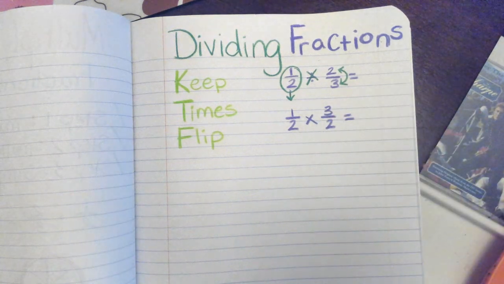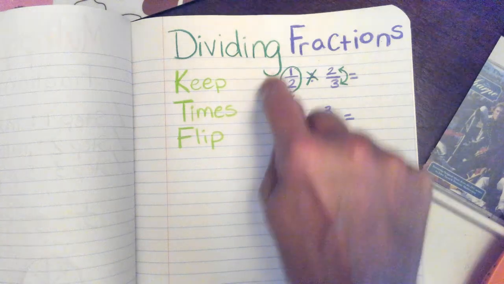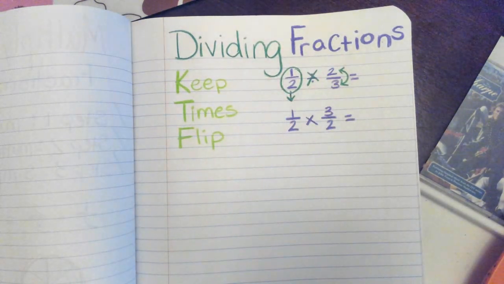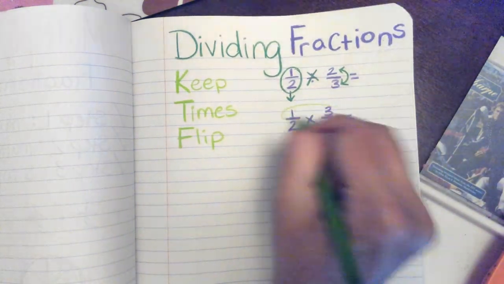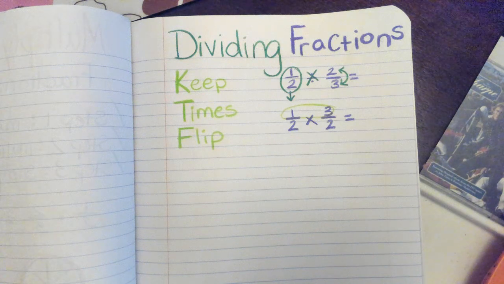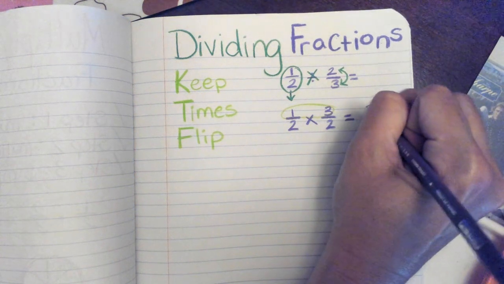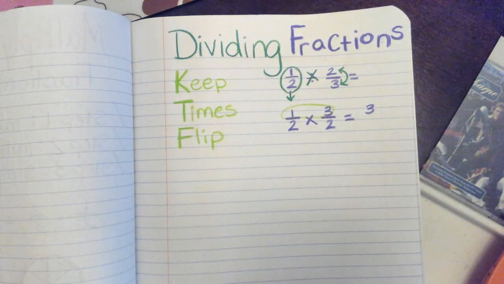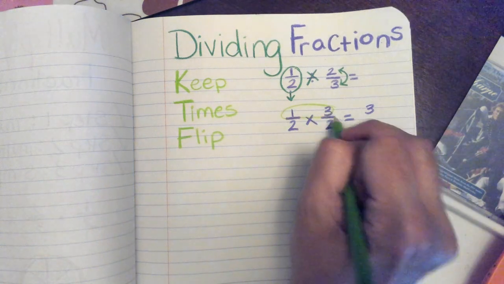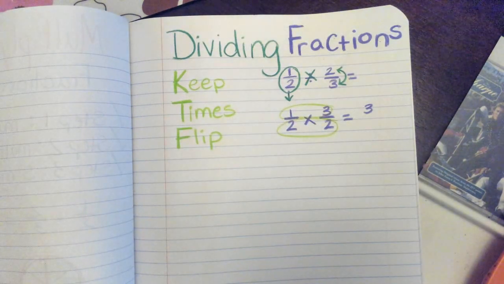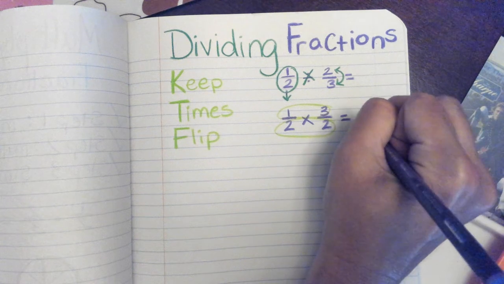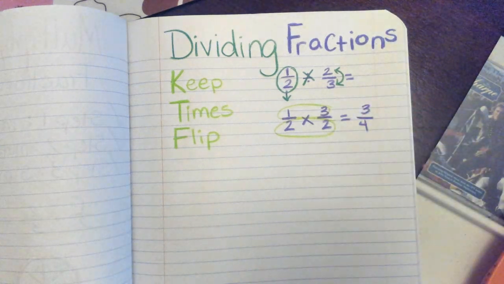Now I have turned my division problem into a multiplication problem, so I just do it. 1 times 3 is 3, and 2 times 2 is 4, and that is it right there.